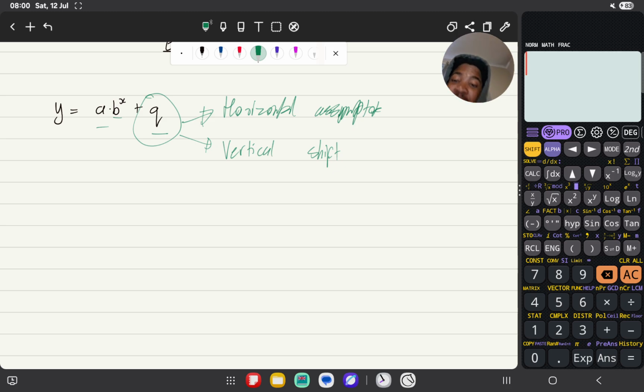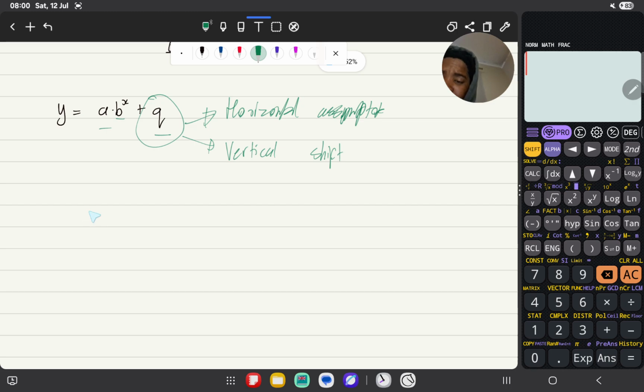So now I will say, if A is smaller than 0, that means A is negative, then your function is going to be below the asymptote. Did you hear me?